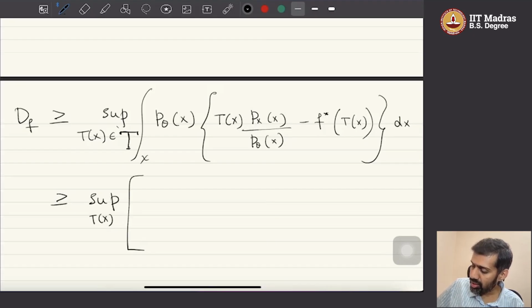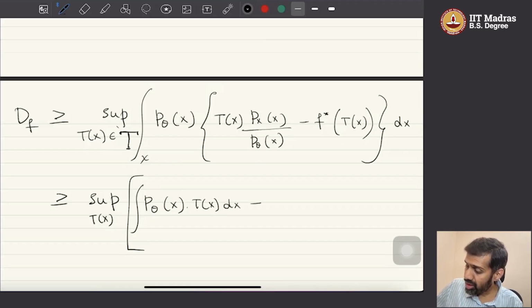If you just do the algebra, this would be integral px times t of x dx minus integral p theta of x times f star of t of x dx. Sorry, P theta would cancel away, so px dx.